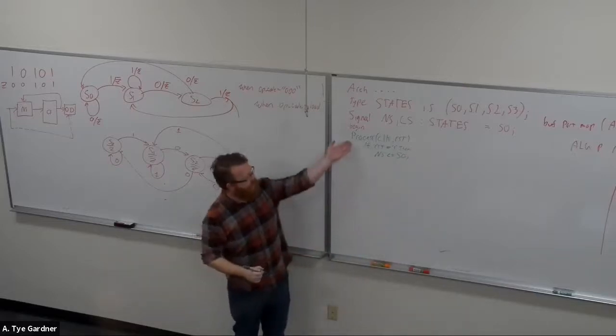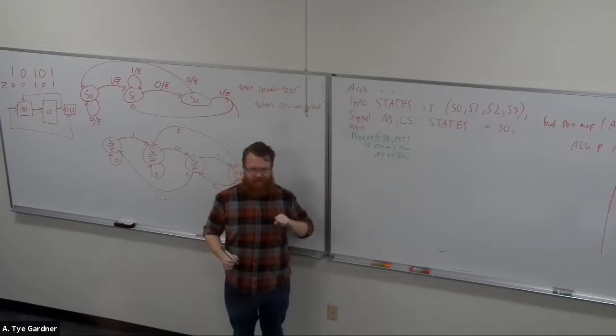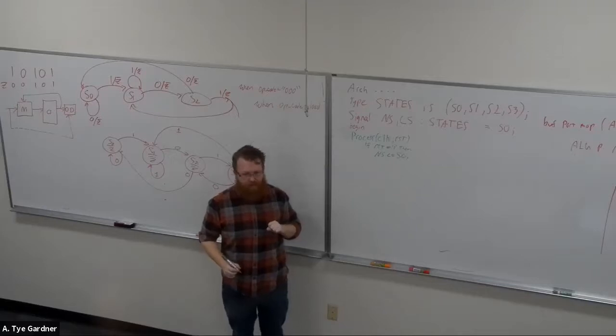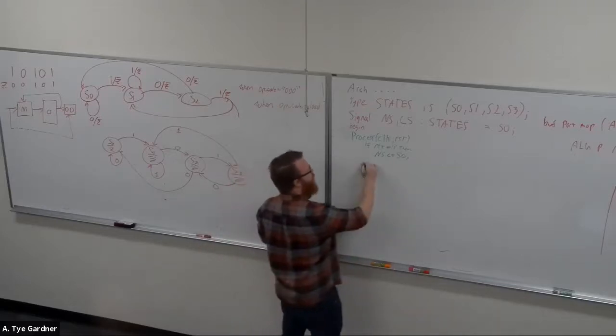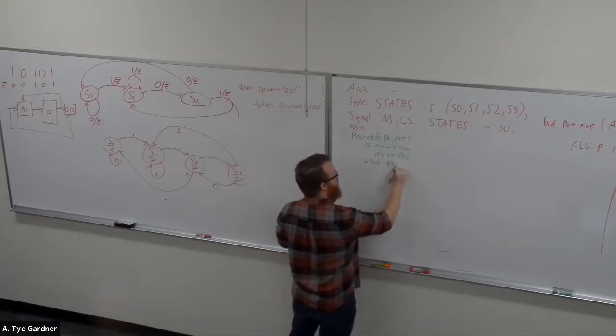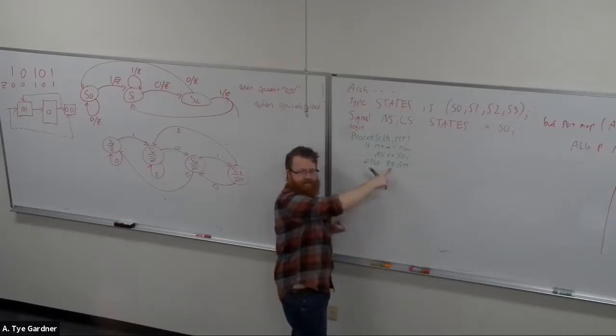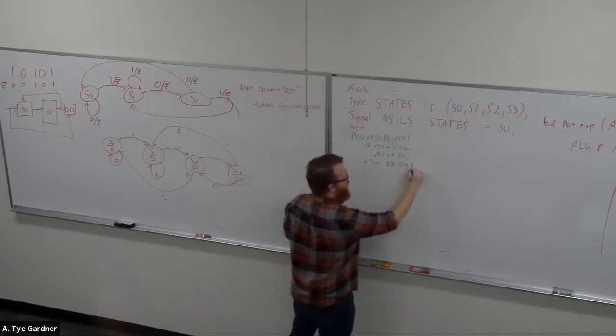So if I reset, the next clock I want you to go to S0. Okay, now, else if rising edge of clock, remembering that you would actually write out rising edge, I'm just shorthanding this.